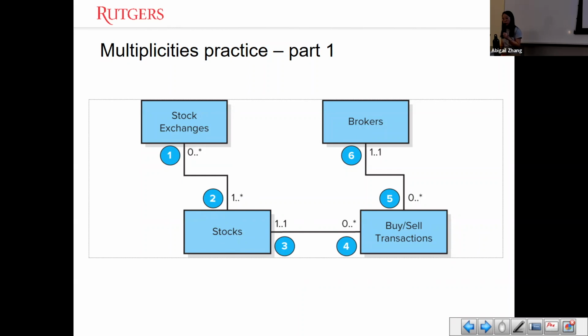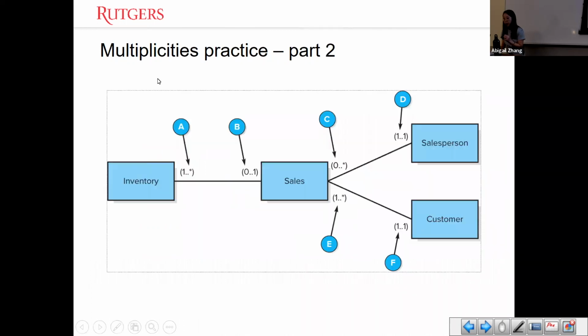That's correct. Remember, last time I revised this 1 and only 1 into 1 and multiple. Number four, each stock is associated with 0 or multiple transactions. Number five, each broker can have 0 or more transactions. Good. Number six, each transaction can only be executed by 1 broker. That's very good.